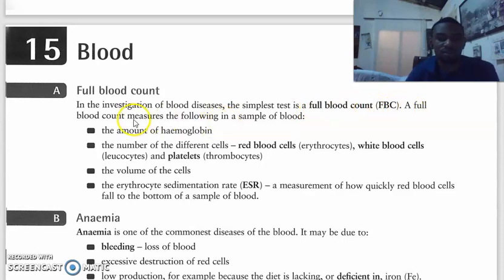A full blood count measures the following in a sample of blood: the amount of hemoglobin, the number of the different cells, red blood cells, white blood cells and platelets, the volume of cells, and the erythrocyte sedimentation rate, ESR, a measurement of how quickly red blood cells fall to the bottom of a sample of blood.